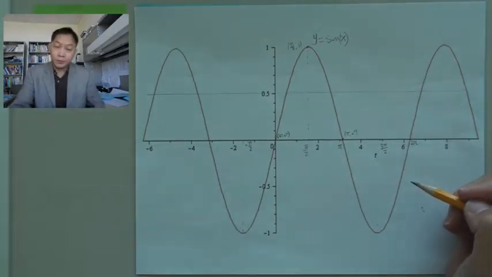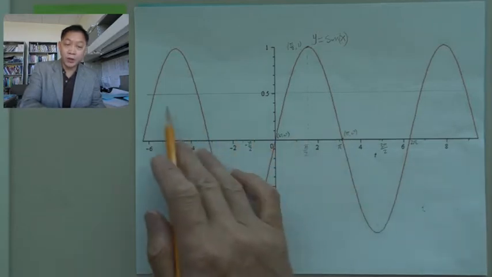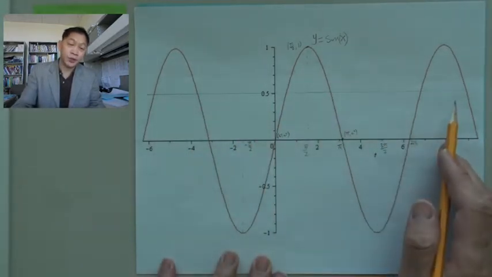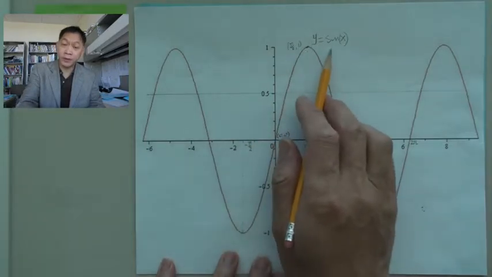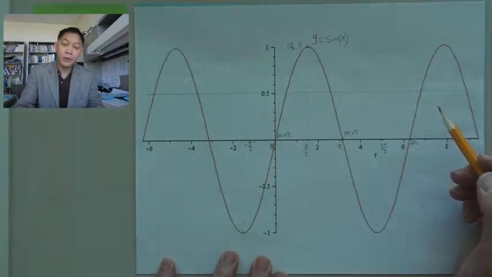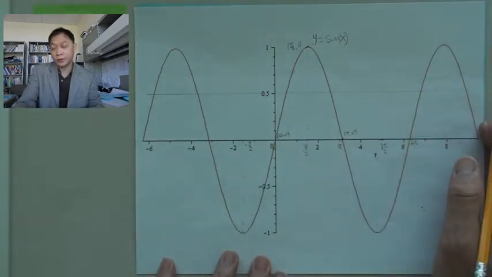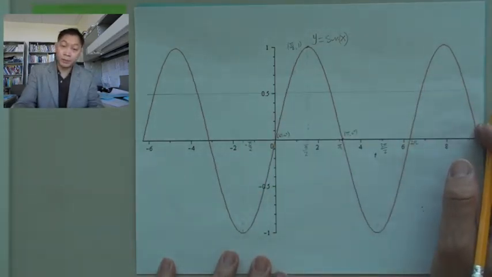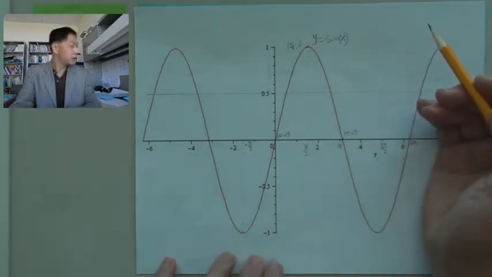Now, if you draw a horizontal line, you see that there is more than one intersection with sine x. So this function is not a one-to-one function. If it's not one-to-one, then no inverse function exists for y equals sine x.